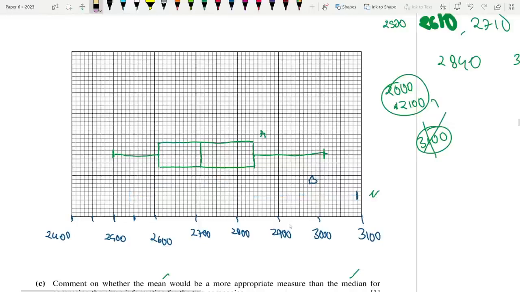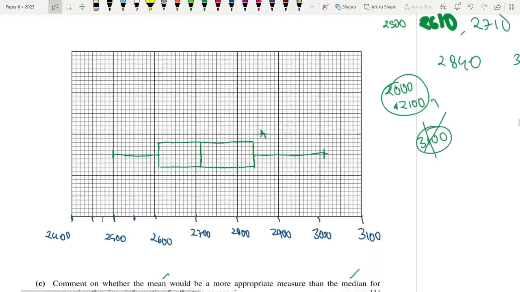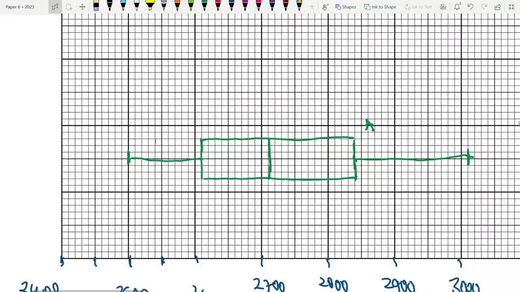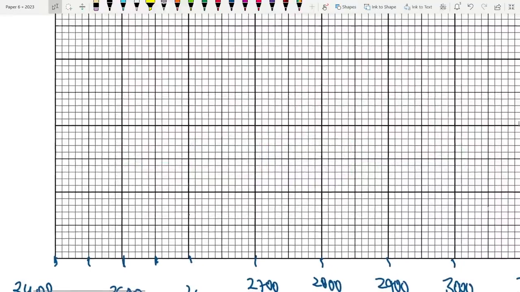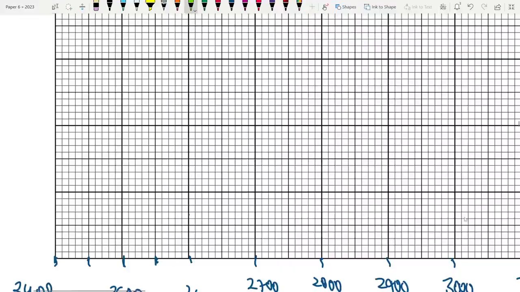Let me show you how I plot B. So my least values are gonna be whiskers, while my highest values are gonna be boxes. So 2600 and 2690, right? So where is that? We can draw this higher. It's gonna be better for us for comparison. We can give two boxes.